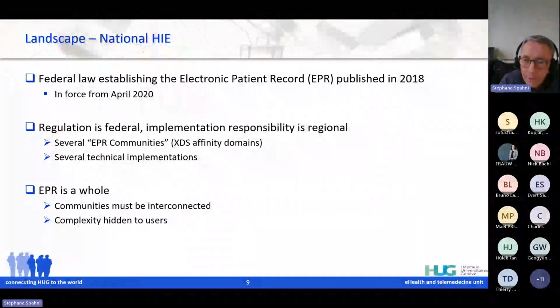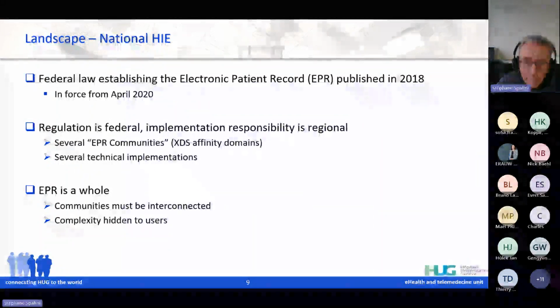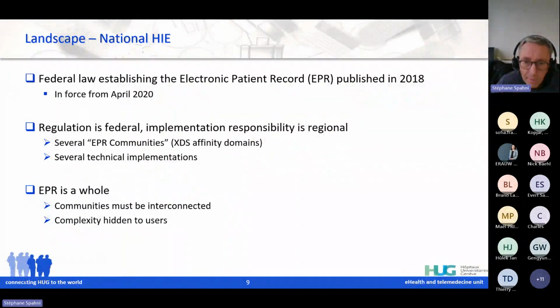We have national regulations, but we have regional implementations and regional responsibility for the implementations, which leads in Switzerland to several electronic patient record communities, which are XDS affinity domains: separate implementations, separate systems, separate environments, but they have to be interconnected, linked together, because a user should never know that there are different communities over the country.